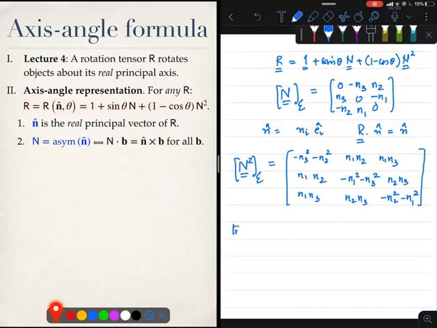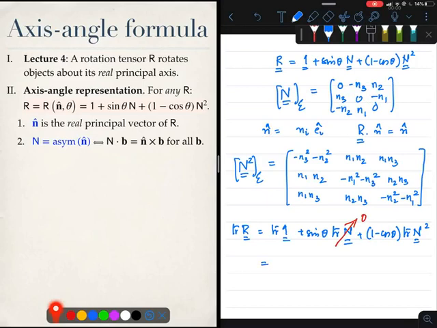So I will get trace R equal to trace of identity plus sine theta, which is a scalar and comes out, trace of N, plus 1 minus cosine theta, trace of N square. N is the antisymmetric tensor associated with small n, so its trace is 0.